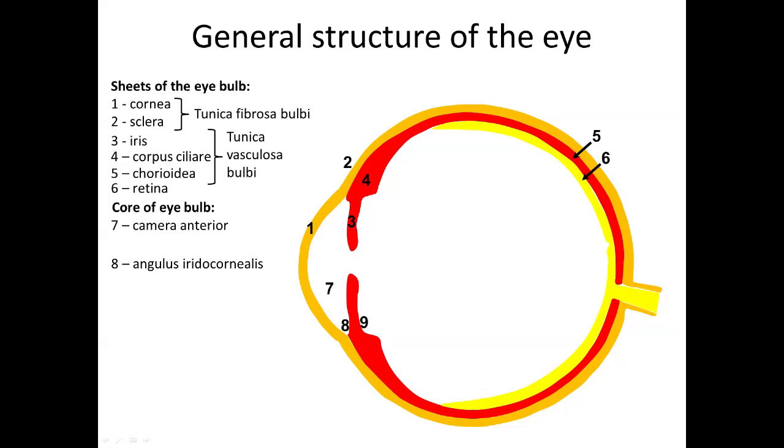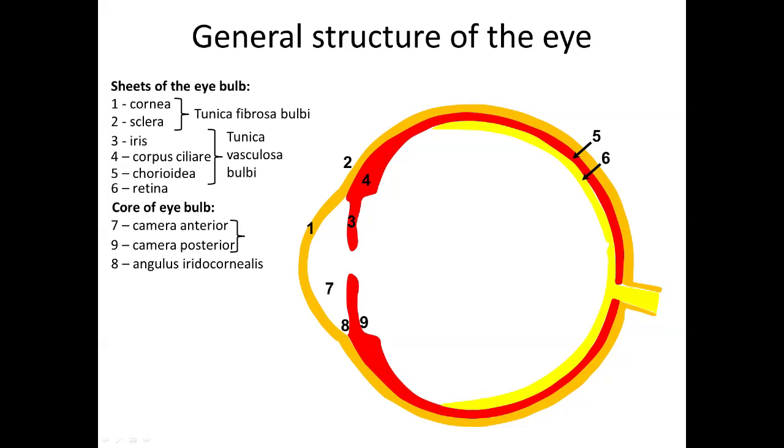And now number 9, where is it placed? Number 9 we can see posteriorly to the iris. It is the place called camera posterior.